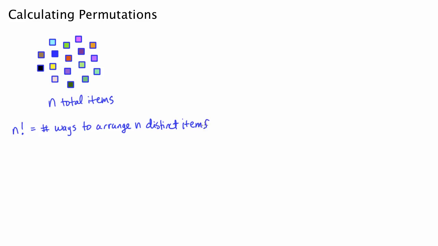Here's the question, though. How many ways are there just to take maybe less than n, say r total items? So the question I want to pose is, how many ways are there to arrange r less than n, so any number r, total items?